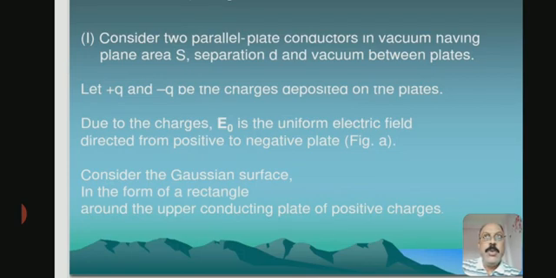Let plus Q and minus Q be the charges deposited on the plates. Due to the charges, E naught is the uniform electric field directed from positive to negative plate, as shown in figure A. Consider the Gaussian surface in the form of a rectangle around the upper conducting plate of positive charges.